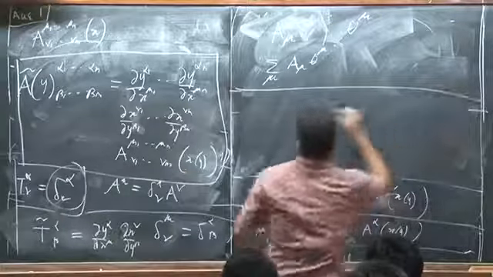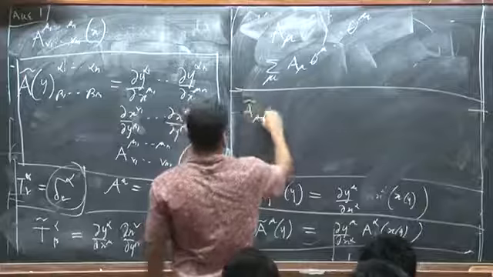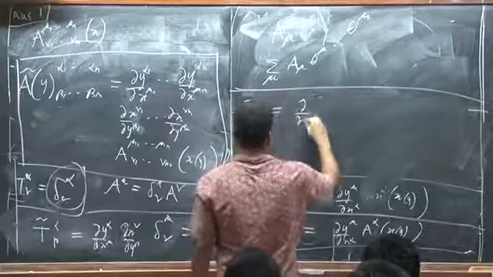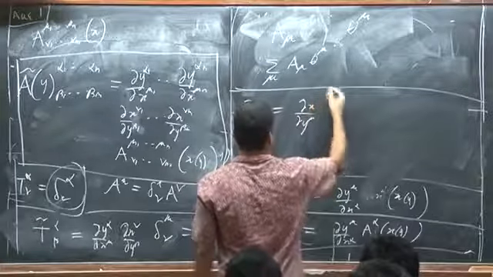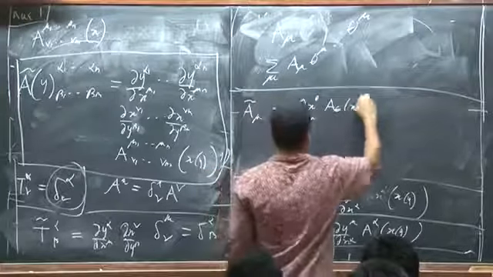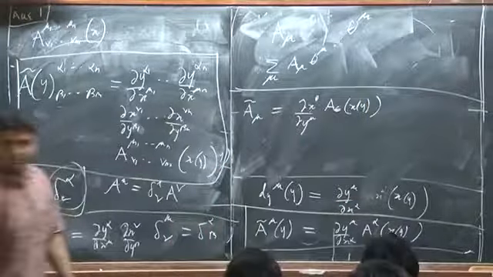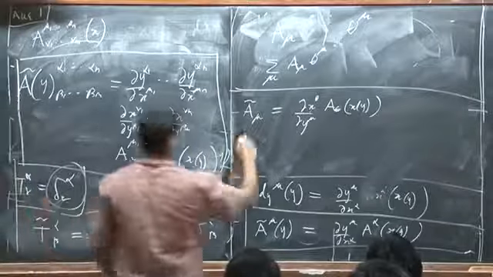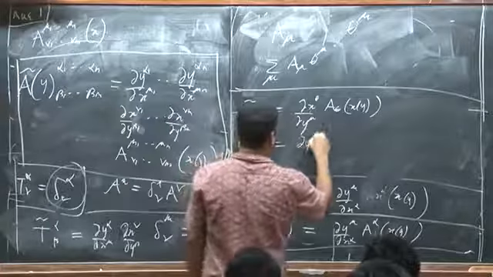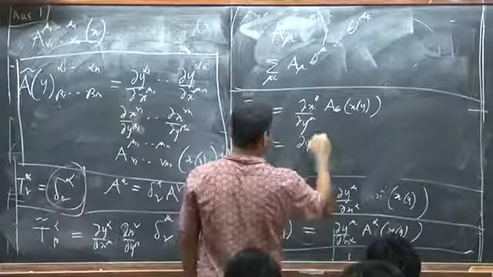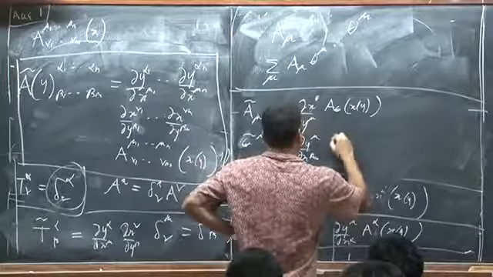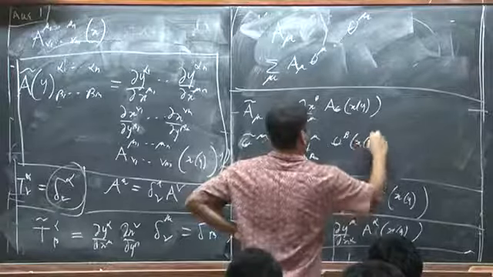A tilde mu is equal to del y mu by del x theta, A theta of x of y. Theta tilde mu is equal to del y mu by del x of beta, theta beta of x of y.